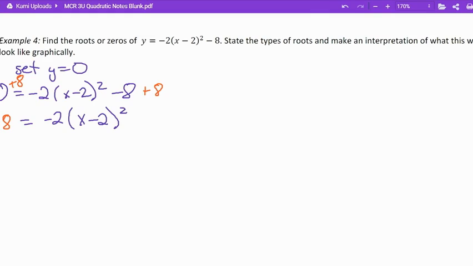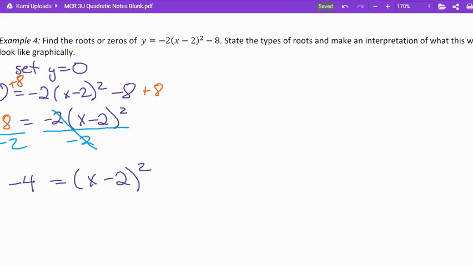I'm going to divide everything by negative 2. That means these cancel out. 8 divided by negative 2 is negative 4 equals (x minus 2) all squared.